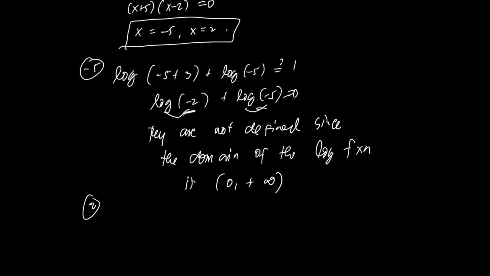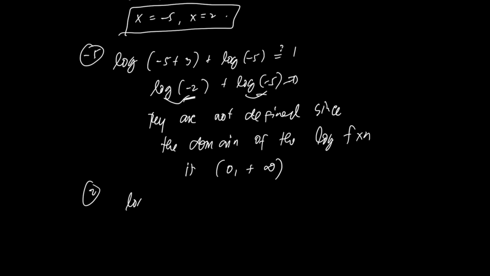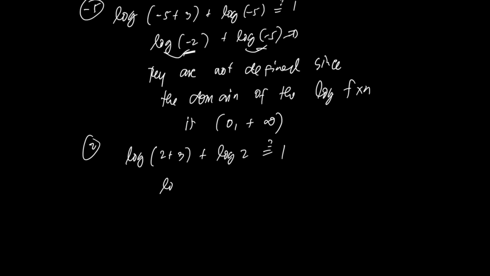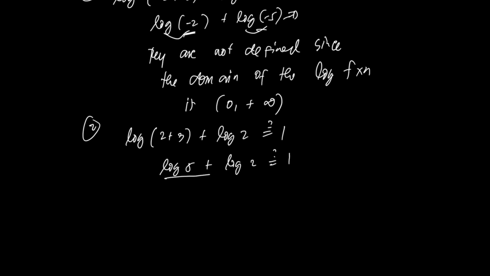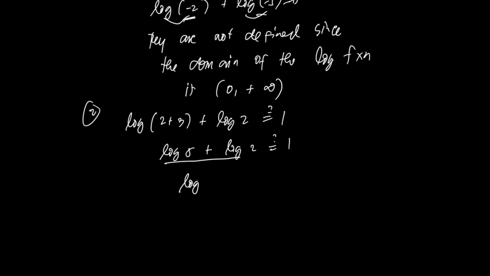How about 2? So we have log of (2 plus 3) plus log of 2, is it equal to 1? Let's check. So that's log 5 plus log 2, is it equal to 1? This can be written as log of 5 times 2, so that's log 10.